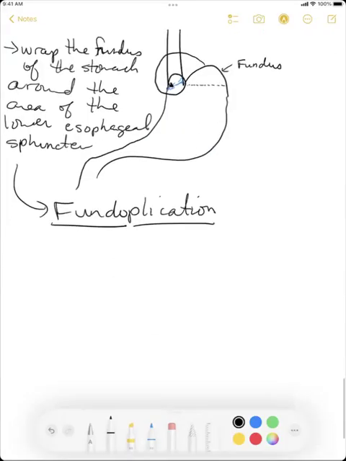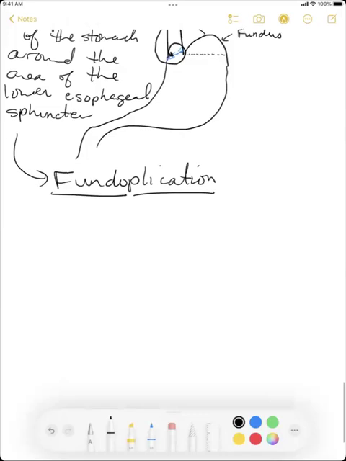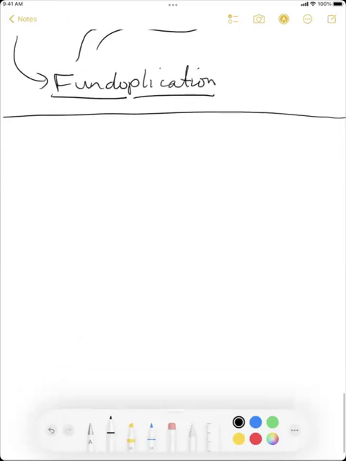Hopefully that gives you a little bit of an idea about a couple of diseases that can happen within the esophagus. But I really want you to pay special attention to the fact that it went from GERD to Barrett's to cancer.